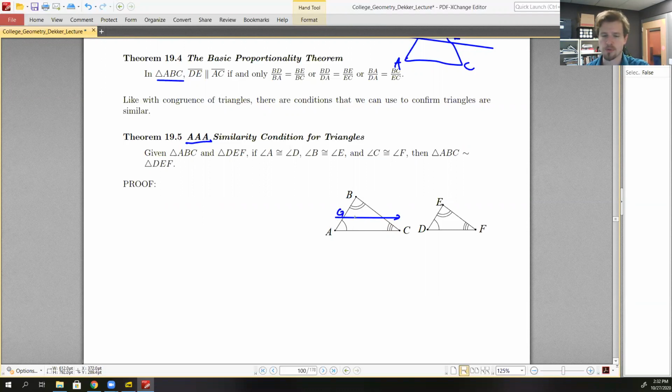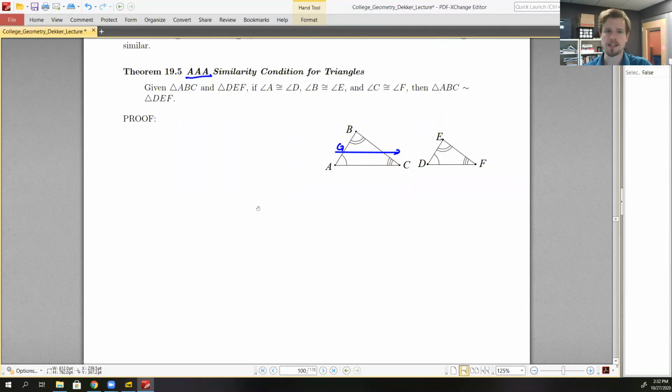And then once we show congruence, we can use the basic proportionality theorem to get us our first equality of ratios. And then we'll be able to conclude that the two triangles are in fact similar.